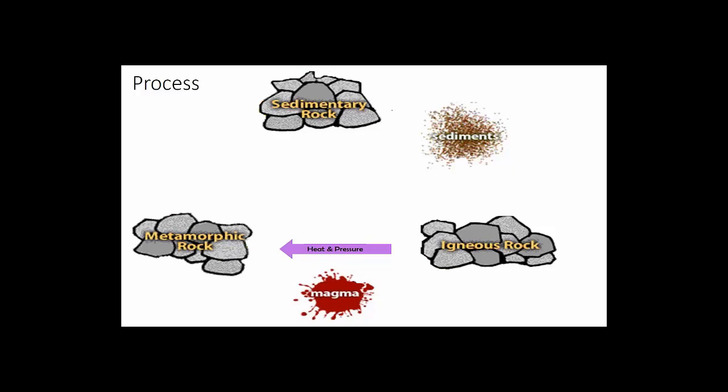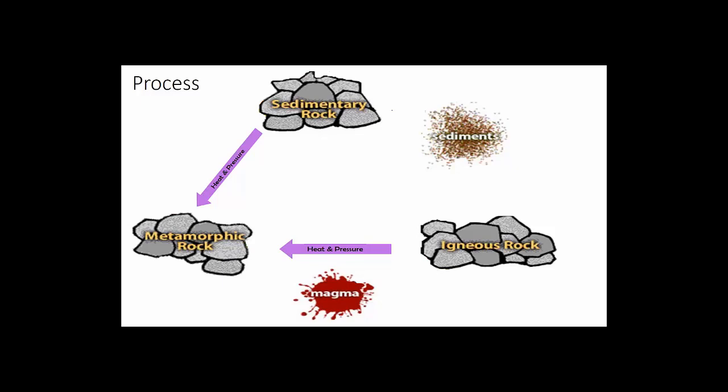If a sedimentary rock gets pushed underground, it can also get cooked by heat and pressure, and that's going to turn it into a metamorphic rock. In class, we saw the example of shale, which is a sedimentary rock, changing into slate, which is a metamorphic rock.